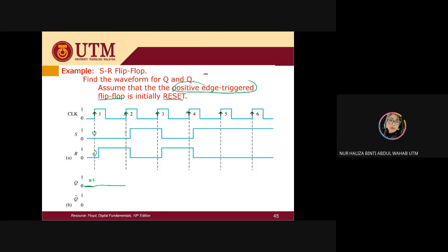At this part, it is 0, 1. 0, 1 will be reset. So it's going to be 0. It will be 0 until I meet another positive clock. Here is 1, 0. 1, 0 will be set.